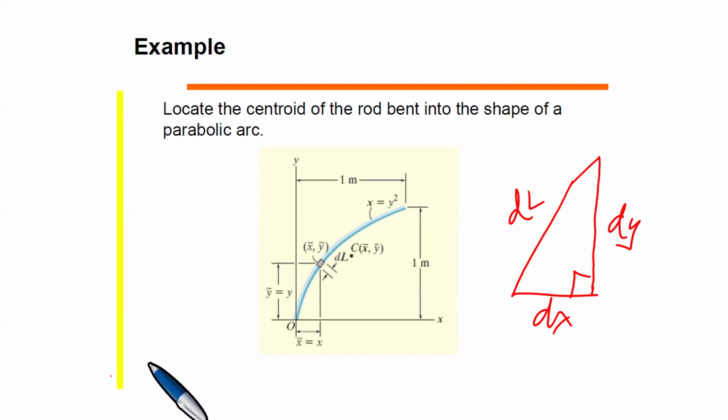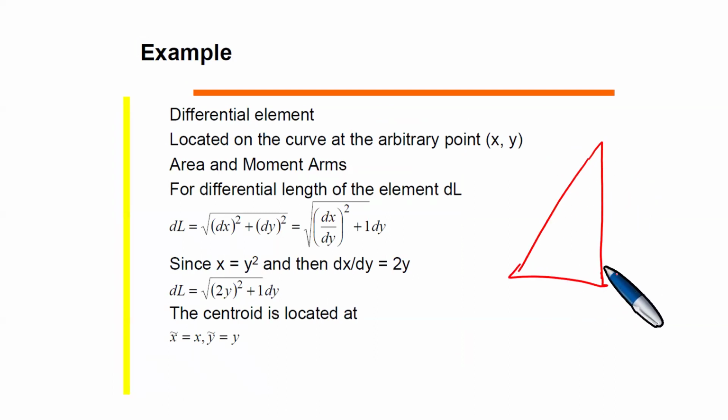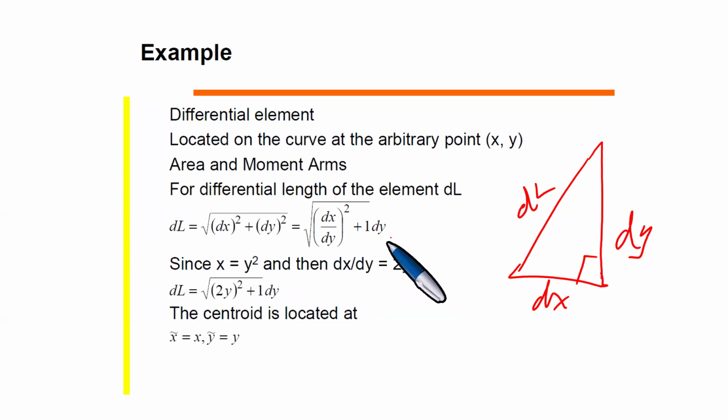And if the triangle is right-angled like this, we can use the Pythagoras theorem. Vertical is dy, horizontal is dx, and this is dl. Pythagoras theorem tells us that dl is the square root of dx squared plus dy squared, and it becomes exactly this that we saw.